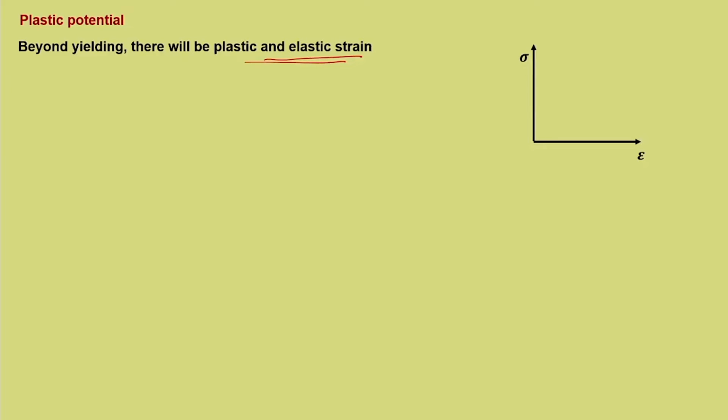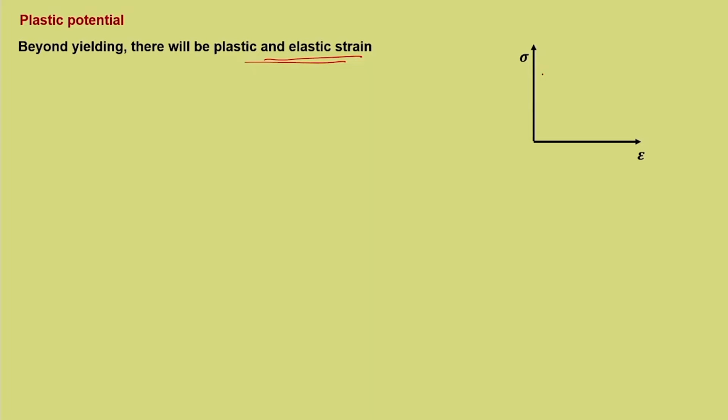Now, we need to determine these strains, then only our model is complete, and that is what we are not doing in this particular course. We are yet to define the strain completely, but we will discuss what we need to have further, and that is both elastic and plastic strain.